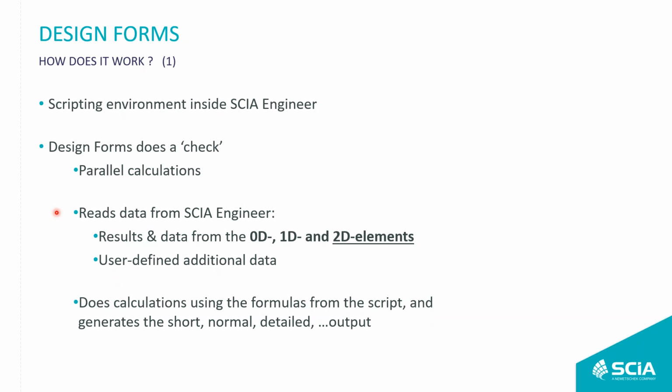We will read data from SCIA Engineer into the design forms environment. And the results and data that we can read now are 0D, 1D, and 2D data. So results and data of nodes, beams, but also surfaces. That is a difference with the Excel link, because in Excel we could only access 0D and 1D. Here we can also include 2D results and data.